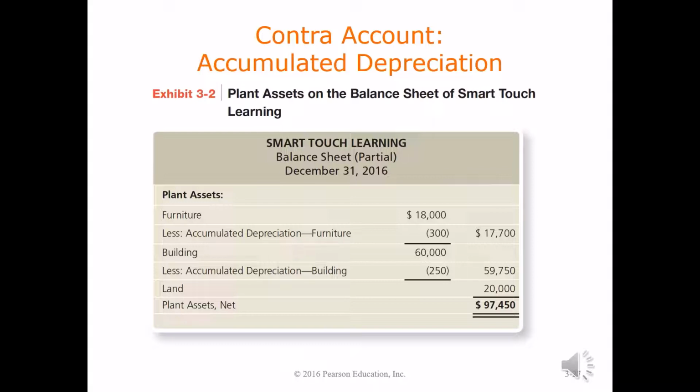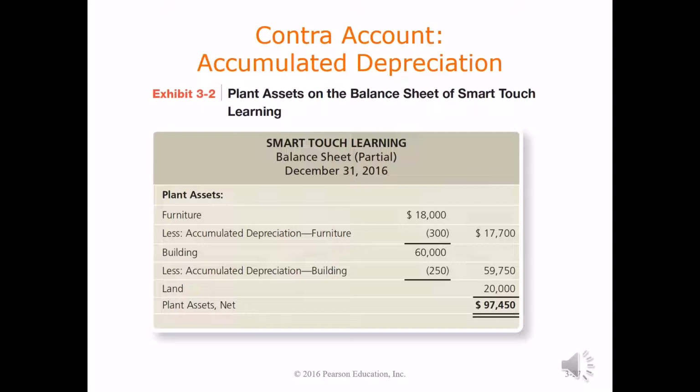The way that we show depreciation on the furniture is with our contra asset account of accumulated depreciation, furniture. This number, which shows a $3,000 credit right now, will grow to a full $18,000 over time, in which we will show a net furniture balance of 0.